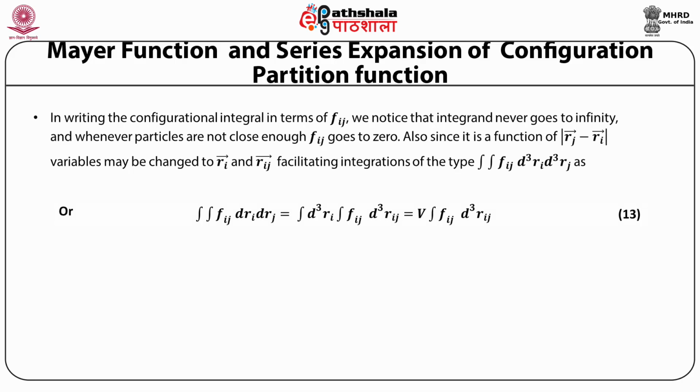In writing the configurational integral in terms of f_ij, we notice that the integrand never goes to infinity, and whenever particles are not close enough, f_ij goes to 0. Also, since it is a function of the modulus of r_j minus r_i, variables may be changed to R_i and r_ij, facilitating integration of the type: double integral over f_ij d³r_i d³r_j is the integral over d³R_i times the integral over f_ij d³r_ij, which equals V times the integral over f_ij d³r_ij.